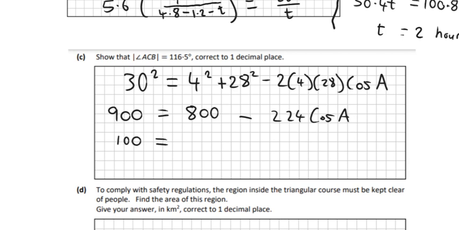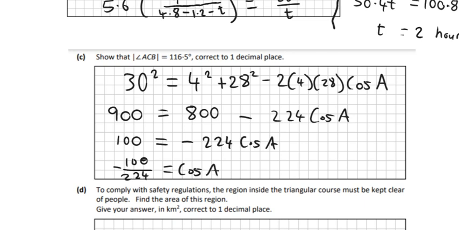So 100 equals minus 224 cos a, and then bring over the minus 224 and divide it, so we get 100 over minus 224 equals cos a, and then the last step will just be to do cos inverse.